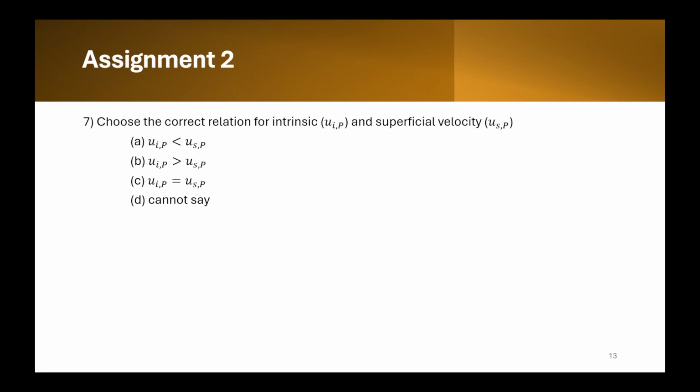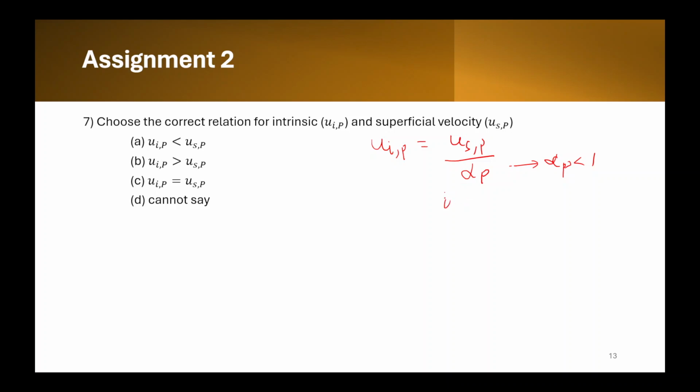Choose the correct relation for intrinsic and superficial velocity. As we have discussed already, intrinsic velocity for a phase is the superficial velocity of the phase upon the volume fraction. As this volume fraction is always less than 1, this whole relation will always be greater than USP.